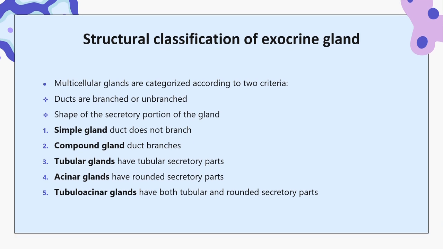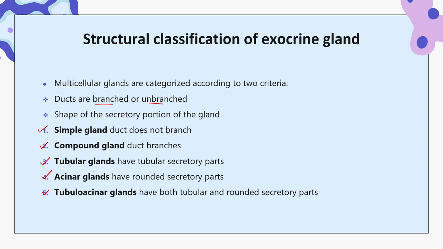Okay, structure of exocrine glands. The multicellular glands are categorized according to two criteria: whether the ducts are branched or unbranched, and the shape of the secretory portion of the gland. According to that, they are classified as simple gland, compound gland, tubular gland, acinar gland, and tubulo-acinar gland.